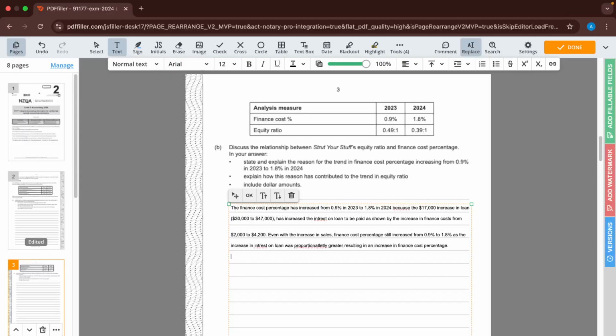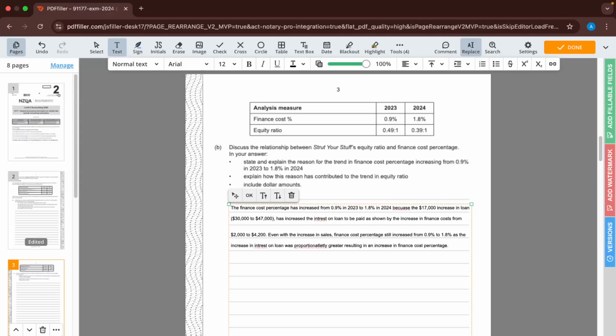So the reason for the finance cost percentage increasing was because we took out a greater loan. By taking out a greater loan, we've increased our current liabilities. So that's what they're looking for us to say.